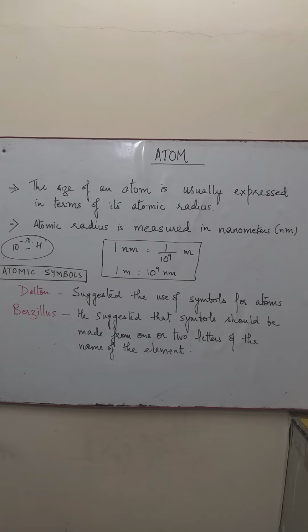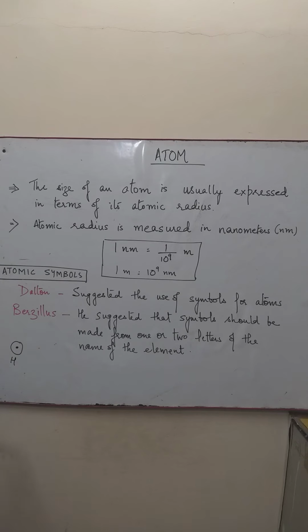At Dalton's time, only about 30 elements were known, and there were various methods. The symbol for hydrogen was a dot in the middle of a circle.